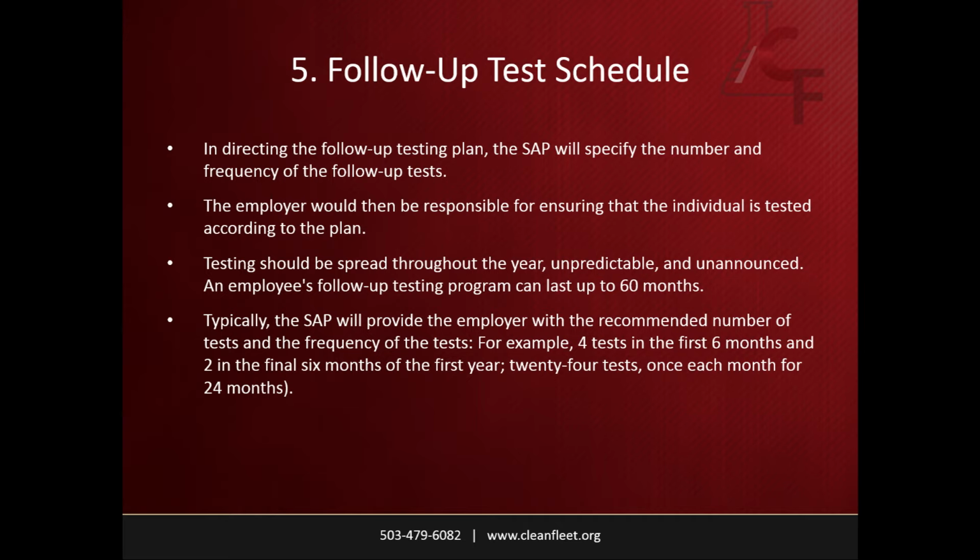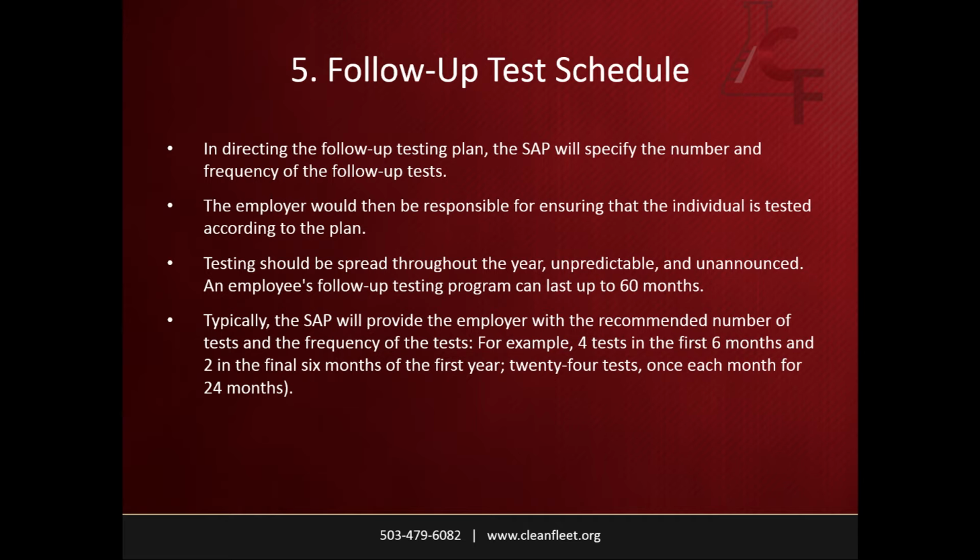Follow-up testing is an important way that the employer has to determine if the employee has stopped using controlled substances or misusing alcohol. And it's important to note that the employer must conduct all of the follow-up tests as well as the return to duty tests as direct observed collections.